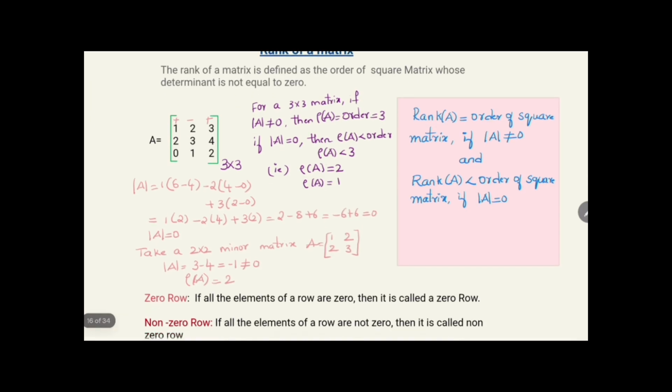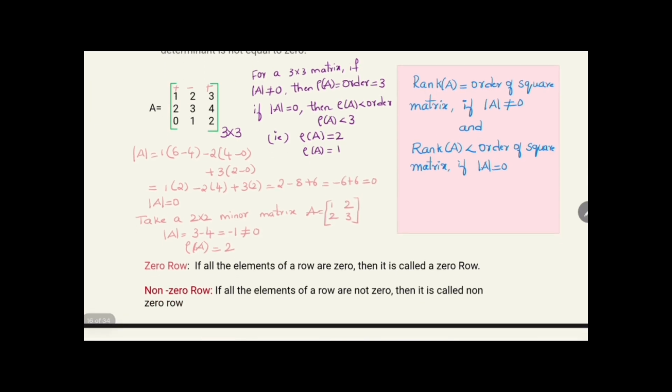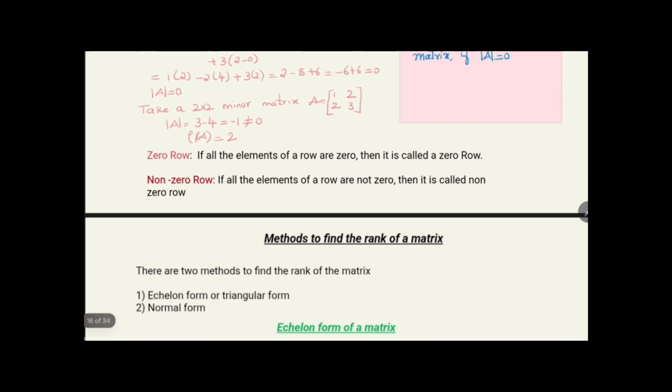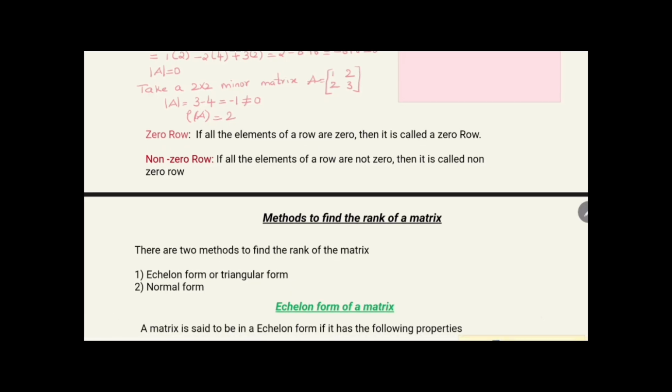Okay, students. Now let's see the two important terms, that is zero row and non-zero row. If all the elements of a row are 0, then it is called a zero row. All elements of a particular row should be 0. For example, I am taking here an example.